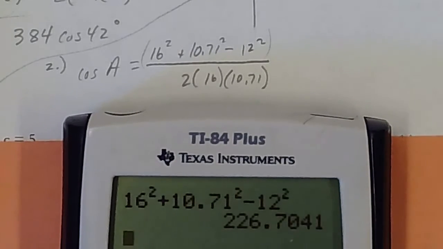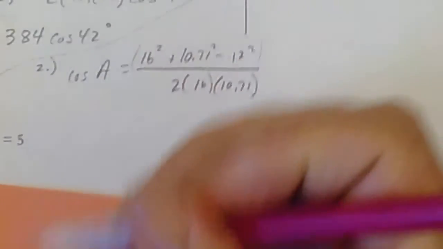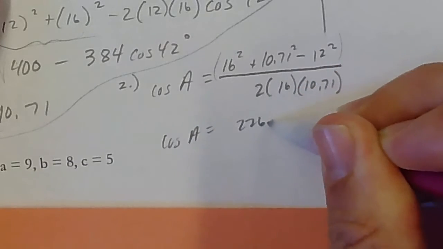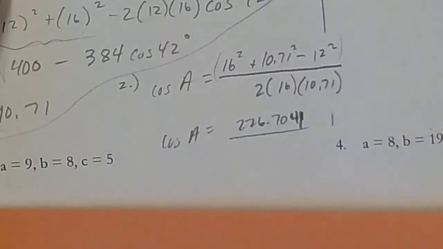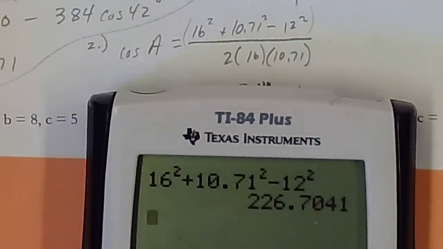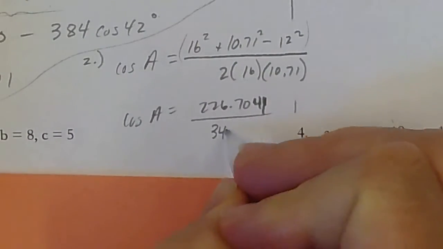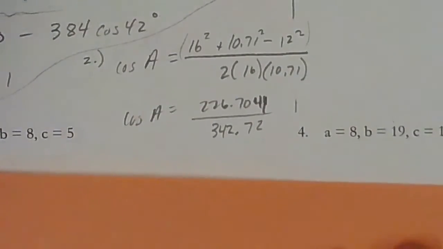That gives me the numerator of 226.7041. All over the product of 2 times 16, so 32 times 10.71, so 342.72.